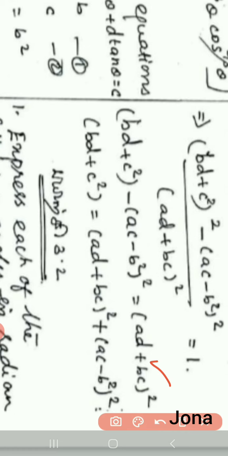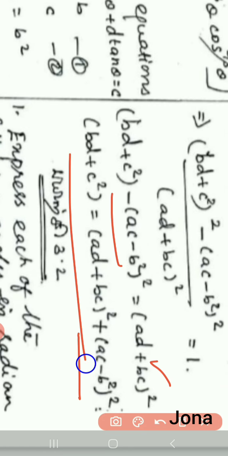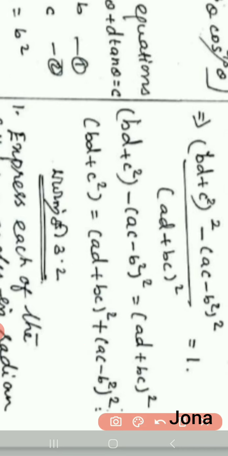The remaining thing is bd plus c square minus of ac minus b square the whole square. Okay, and now I want to take this term to the other side, like this here, so that I get bd plus c square equal to ad plus bc the whole square plus ac minus b square the whole square.